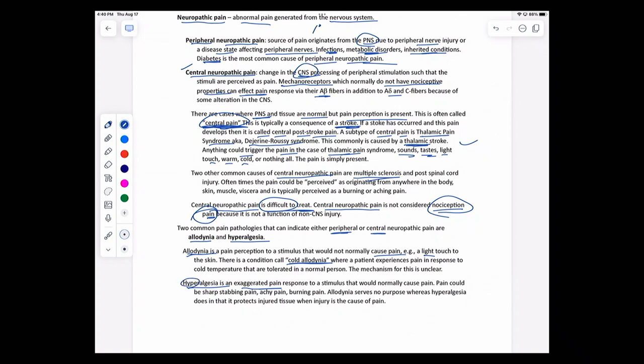You're having an exaggerated response to pain. This pain could be sharp, stabbing pain, achy pain, burning pain, who knows. You could have hyperalgesia based in a peripheral neuropathic situation, or in response to a central neuropathic pathway. Again, it could be associated with either one.